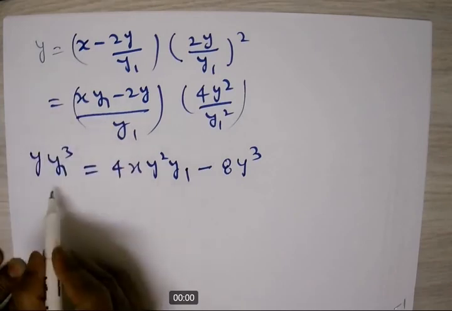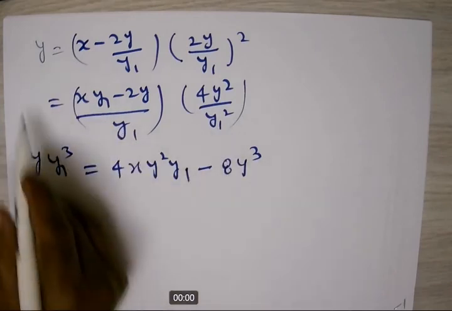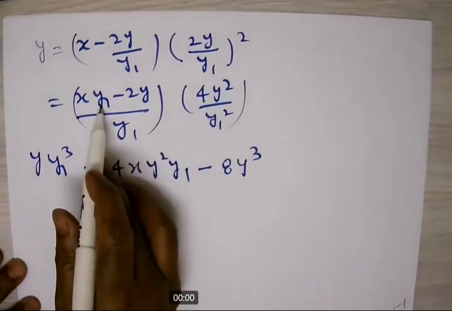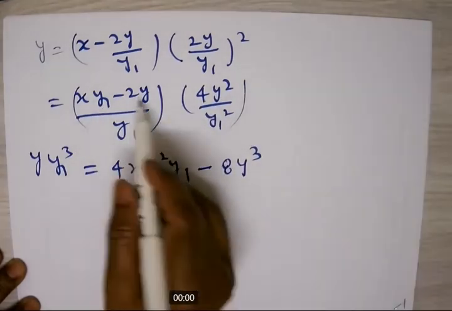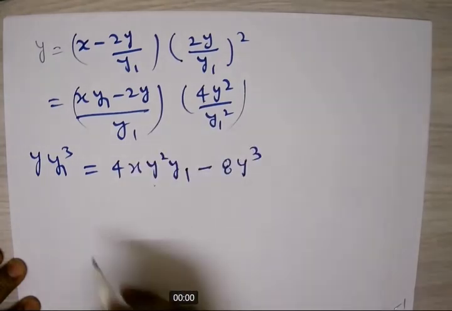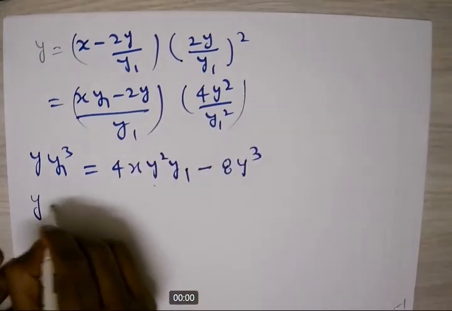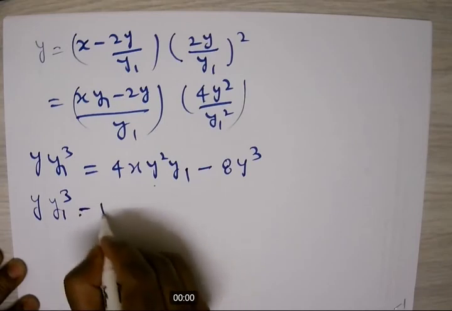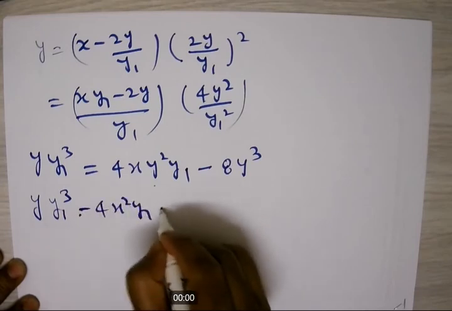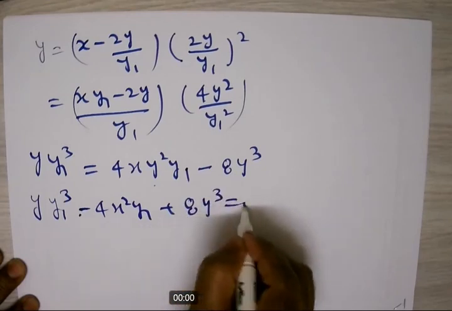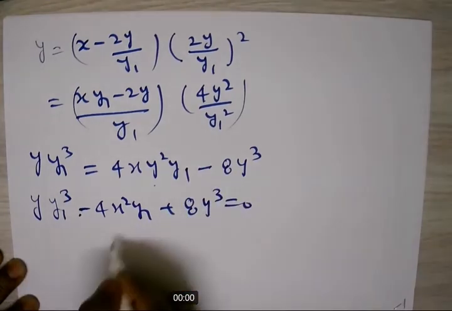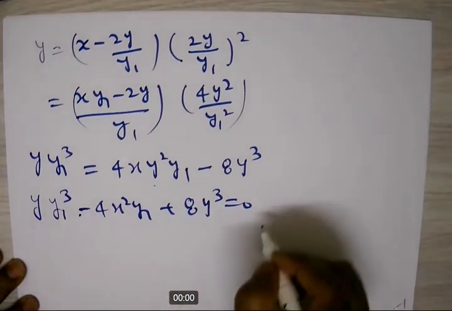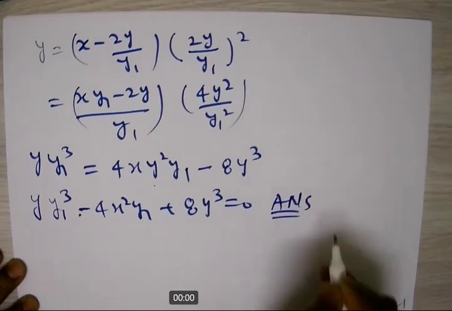This and this multiply. So y1³ and y equals 4x y1 y² − 8y³. Simplified, y y1³ − 4x y² y1 + 8y³ = 0. So you can simplify it or you can write it as it is. This is your answer.